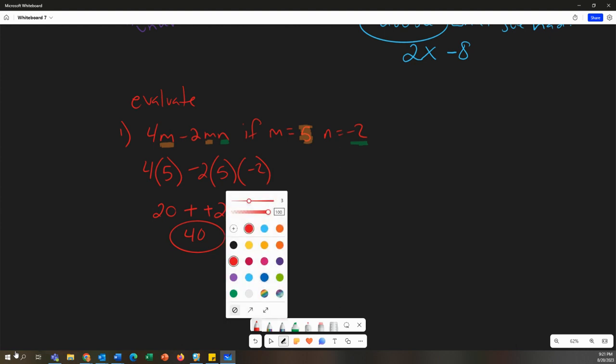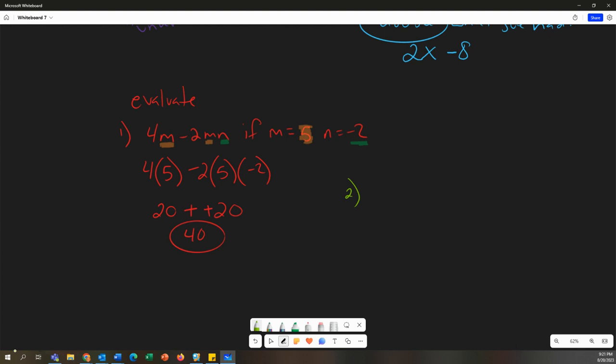Let's try one more evaluating. Let's say we have 12 plus mn divided by 2 minus z. And we're going to be told that m is 7, n is 8, and z is negative.